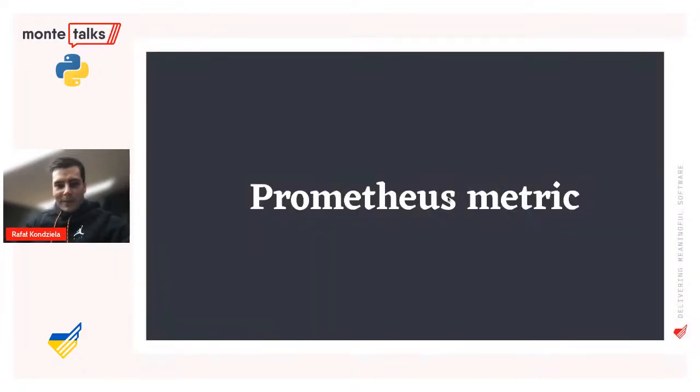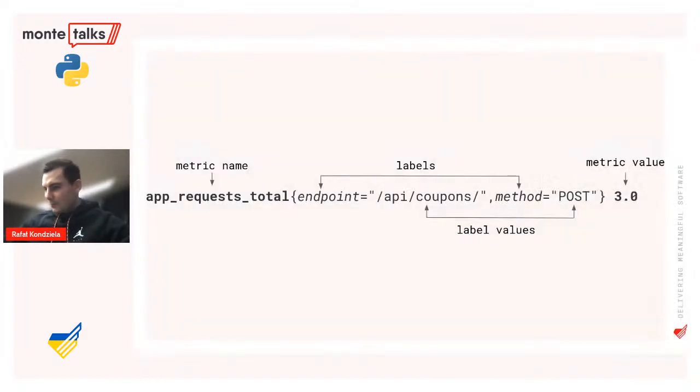Let's briefly overview what Prometheus metrics look like. This is an example of a Prometheus metric. In the beginning, we have the metric name. In the middle, we've got a section with labels. And at the end, we've got the metric value.